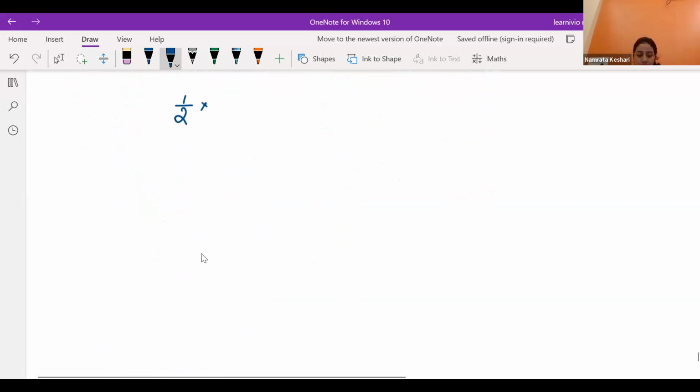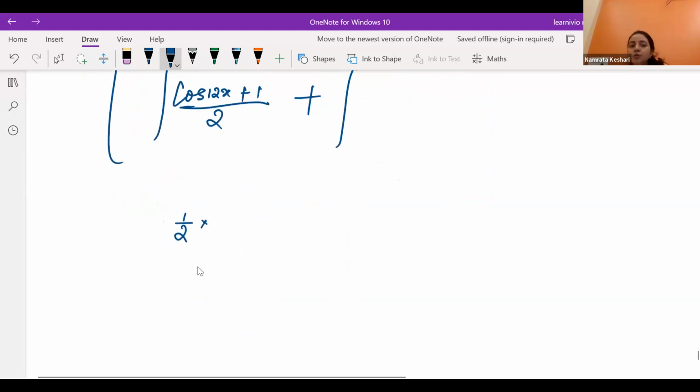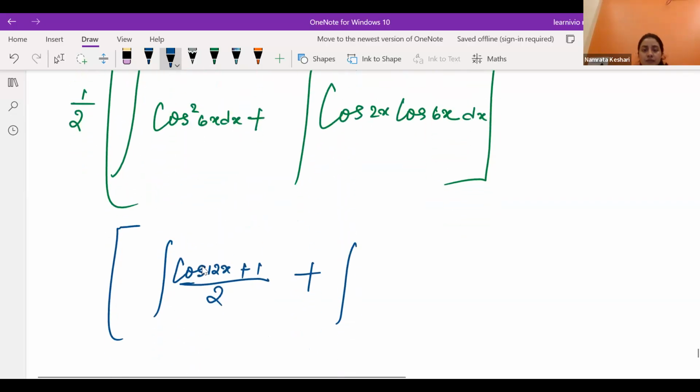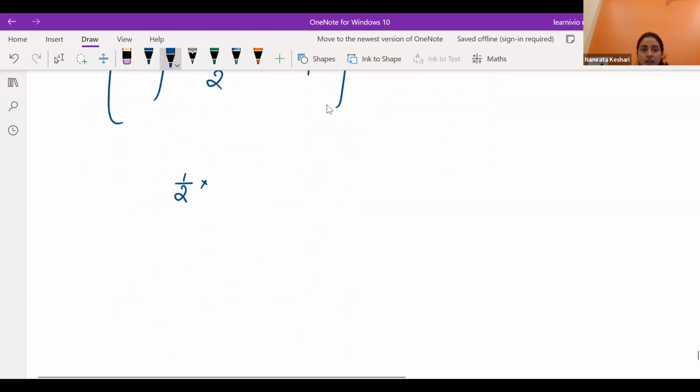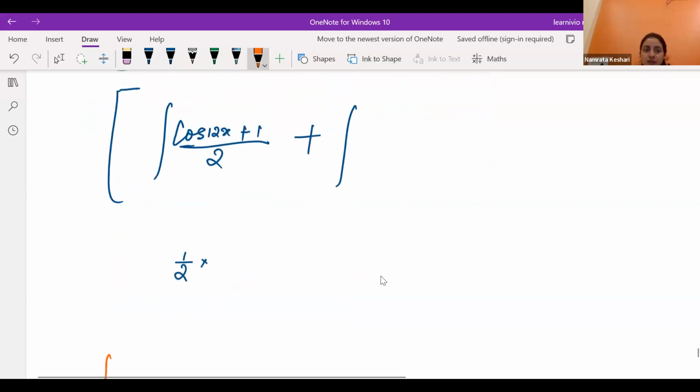Okay, let's move. Yes, one thing. After 1 by 2, you said x by 2? From where are you getting x by 2? Okay. Check your steps. 1 by 2 is out of the square bracket, and the rest is inside. Then the whole x by 2, right?